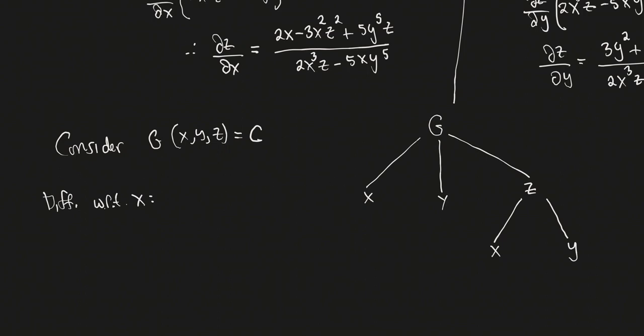Well, there are only two of them, right? So let me highlight this one. I'm going to need this one. So that's a direct path there. And then there's another one here that is indirect, and it goes through z.